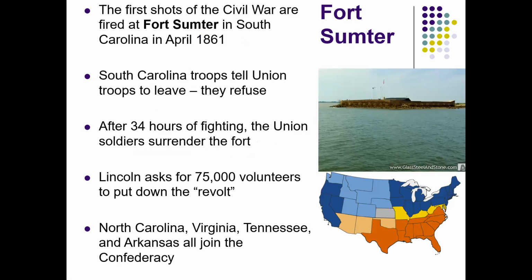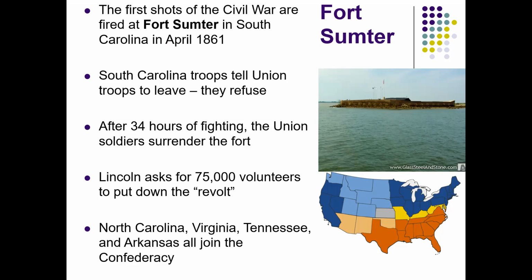It begins when shots are fired at Fort Sumter, which is a fort in South Carolina, in April 1861. This was a Union fort in a strategic location. Confederate troops from South Carolina show up and tell the Union troops to leave. They refuse. There ends up being kind of a firefight, 34 hours of shooting back and forth at each other.